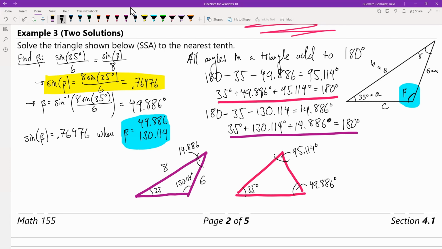Again, assuming that this is 8 and this is 6. Here are our two triangles that really muck stuff up.